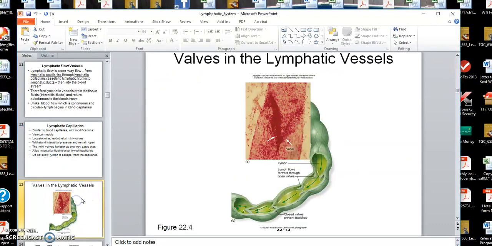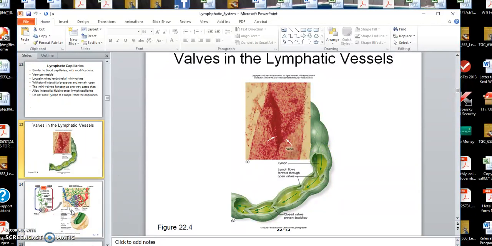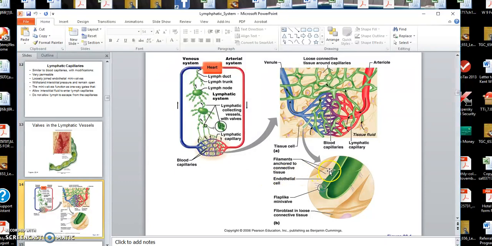All right. So here would be mini valves to show you right there. Here would be a lymphatic vessel. The endothelial cells kind of overlap, as you can see, and you can read this in the text. Okay, we'll go a little further. Here again, and these anchoring fibrils, I'm going to call them, here would be connective tissue.